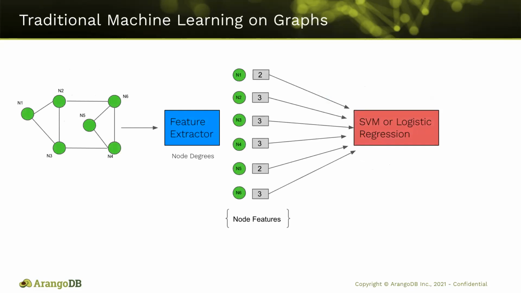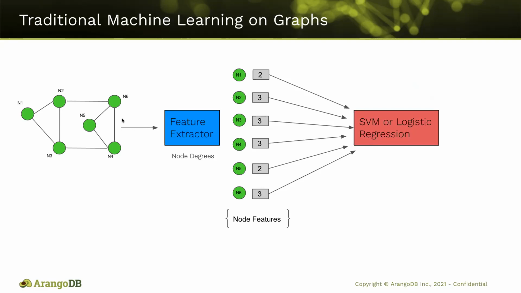In this slide, we will see how machine learning was applied on graphs traditionally. Traditional machine learning on graphs follows the standard machine learning pipeline to extract structural information from the graph.